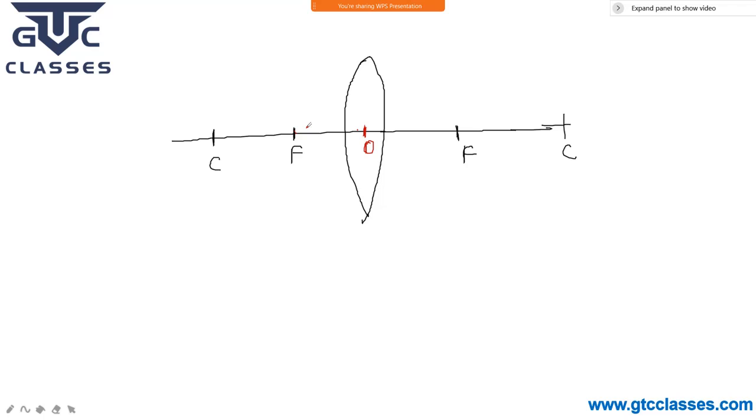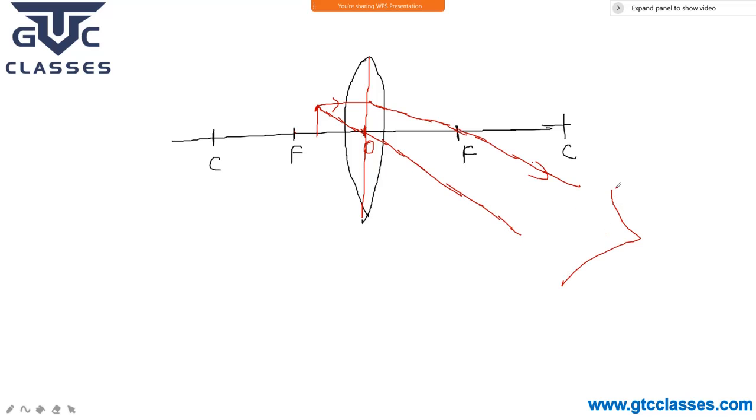So let's say I am putting the object here somewhere. Now what will happen? We will create the image pattern. One ray will go like this and it will pass through the focus like this. Another we can put like this. Now our eyes are here.